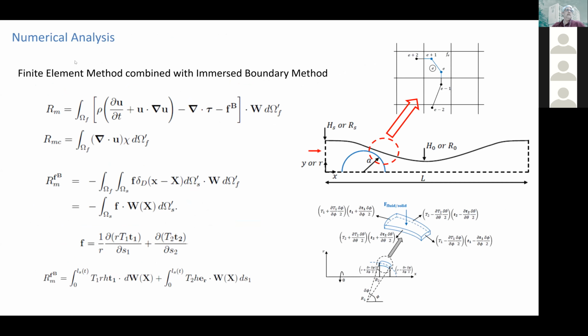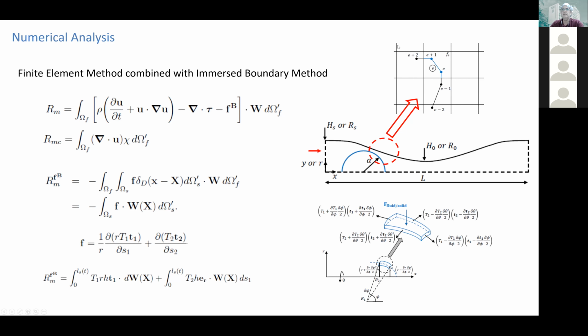So we combine finite element methods with immersed boundary methods. The liquid flow is described, or the Navier-Stokes equation for incompressible flow is solved, using the regular finite element method, but we include the deformation of the shell in an immersed boundary type solution. So we have to include an extra force here, which is the interaction between the solid phase and the liquid phase.